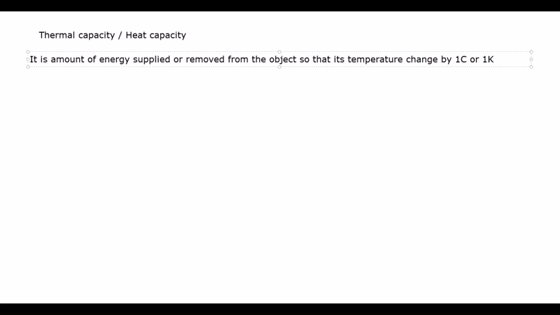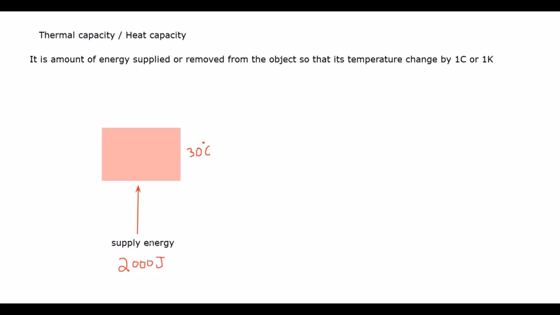Example, you have a substance and the temperature of this object is say 30 degrees. You want to increase the temperature. So if you want to increase the temperature, you will supply energy. Example, you supplied 2000 joules.